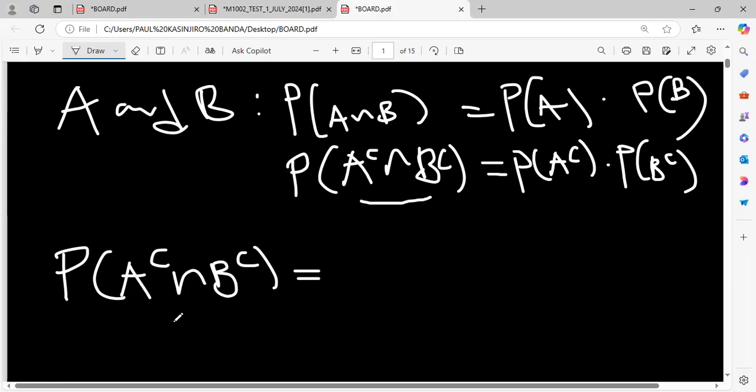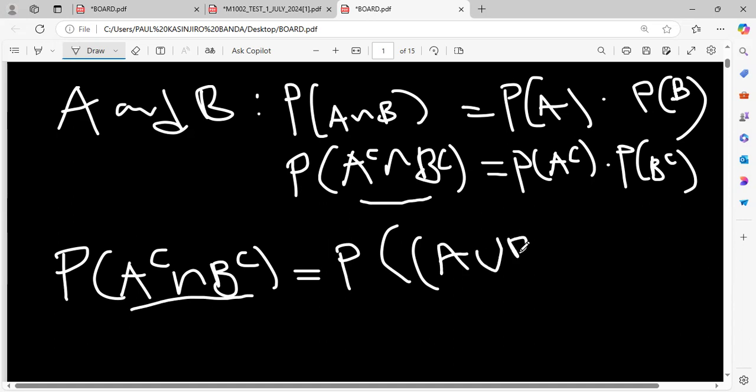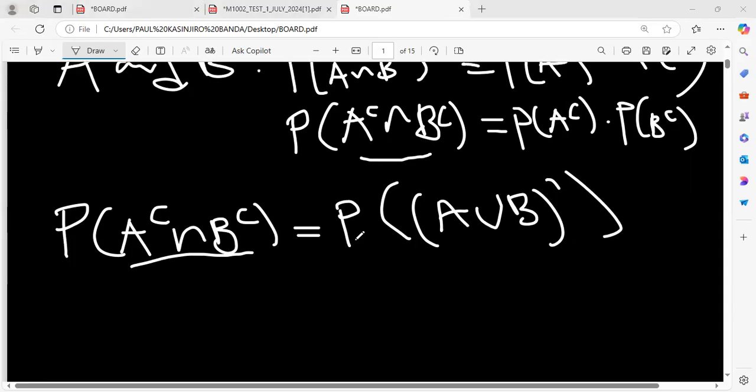So I'm going to write the probability of A union B, complement outside. So we are finding the probability of that.